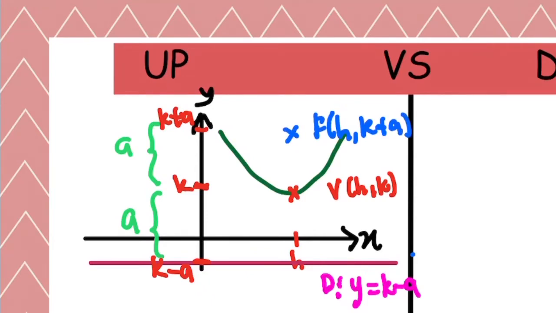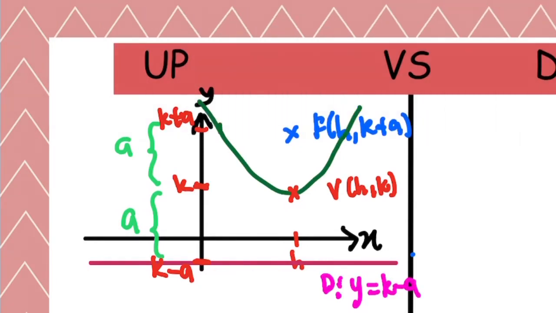Directrix is a line. So that's it. There are three things that you need to know about a parabola. First is vertex. Next is focus in front of vertex. And the last one is directrix line behind your vertex, because this acts as your backbone.